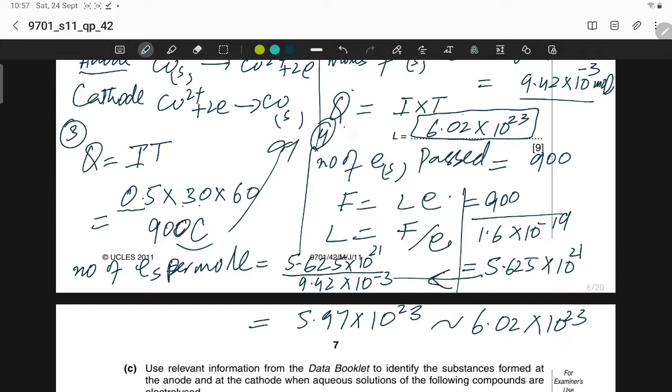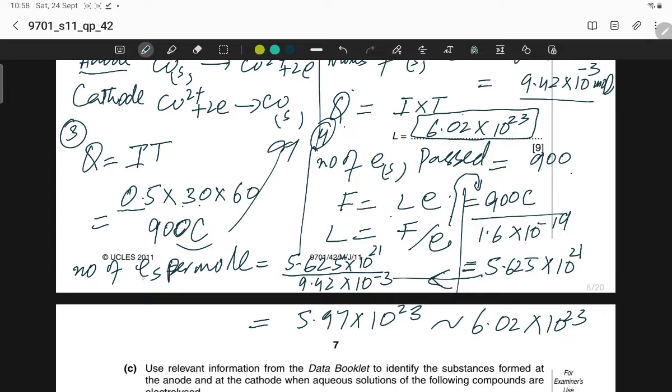And we know that F = Le. This is the relationship, and L = F/e, so we calculate 900 coulomb over 1.6 × 10^-19, which is equal to this.